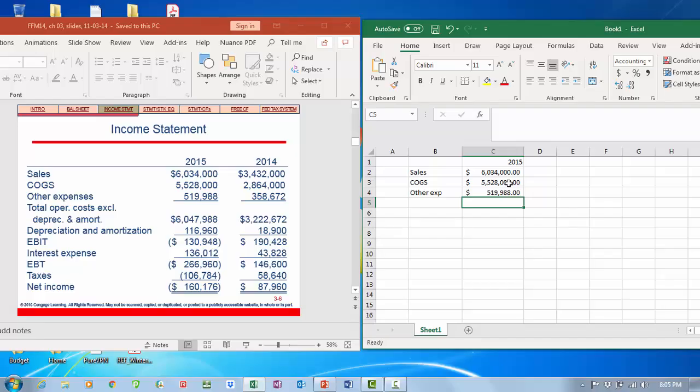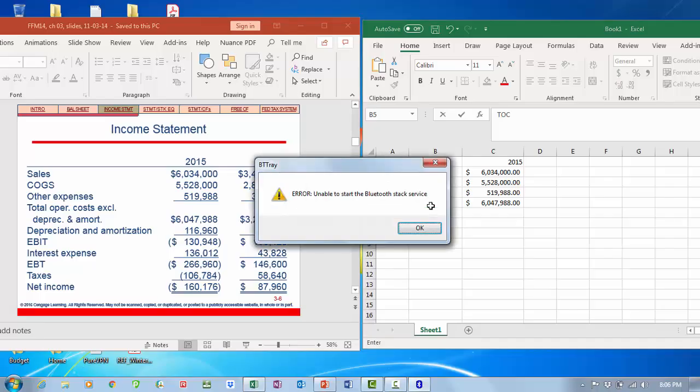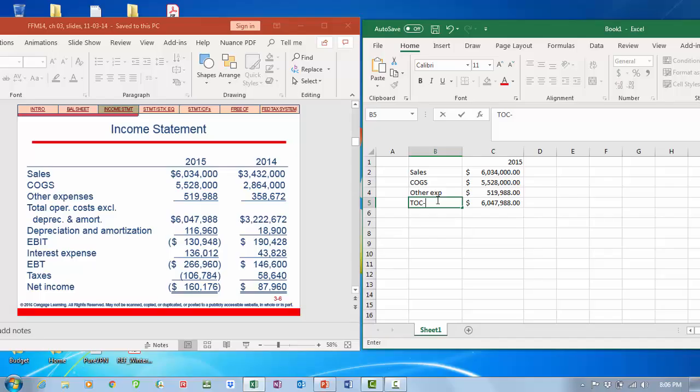So the total operating cost, excluding depreciation and amortization, is going to be the sum of this plus this, and this is total operating cost, and that is excluding depreciation and amortization. So I'm just abbreviating for brevity of the space.